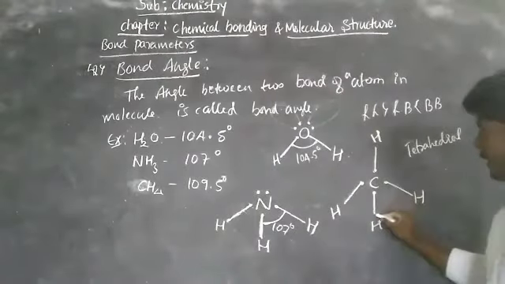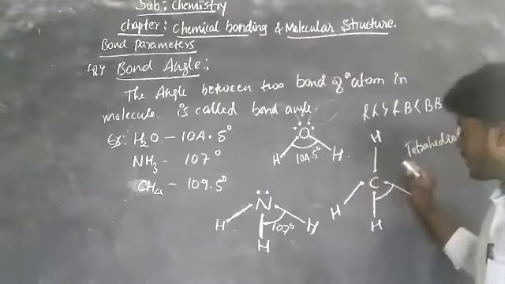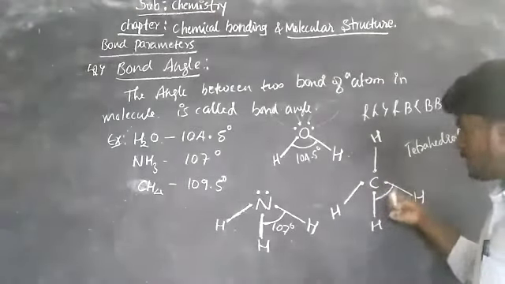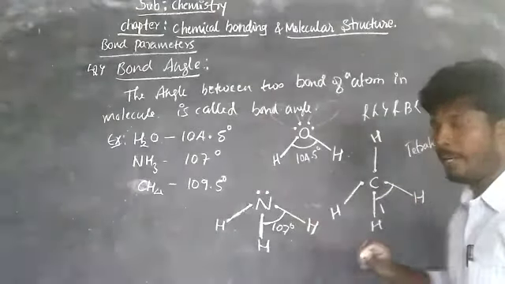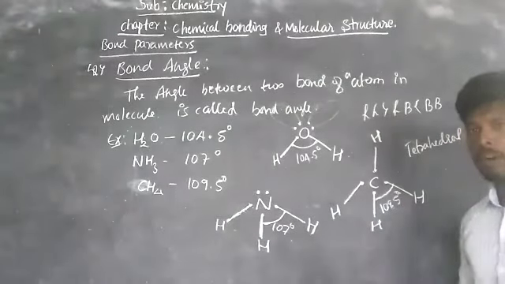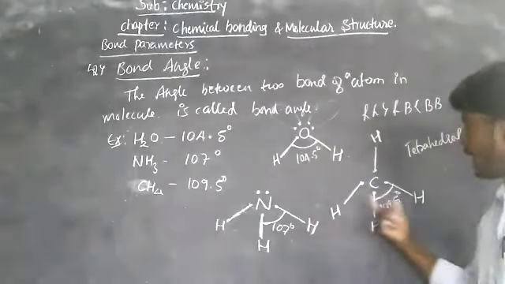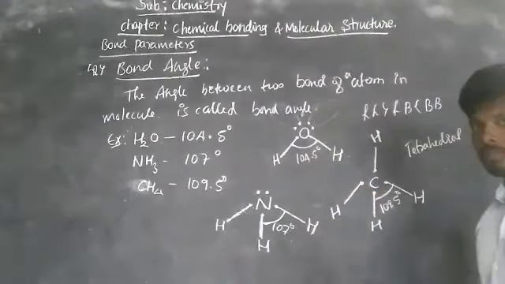Between any two hydrogens, the bond angle is 109.5 degrees. Remember, these are the bond angles of water, ammonia, and methane molecules.